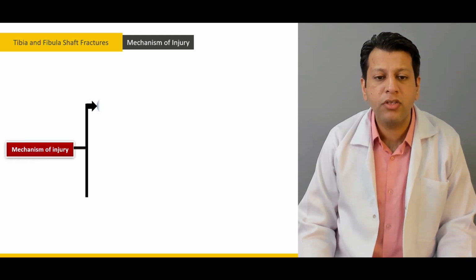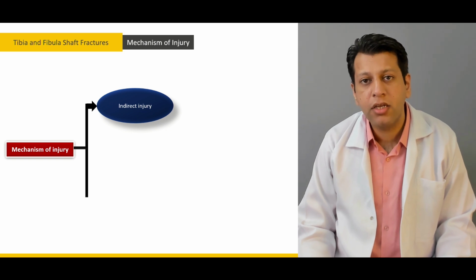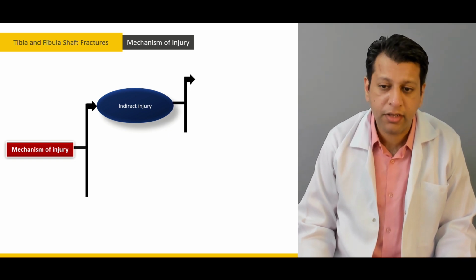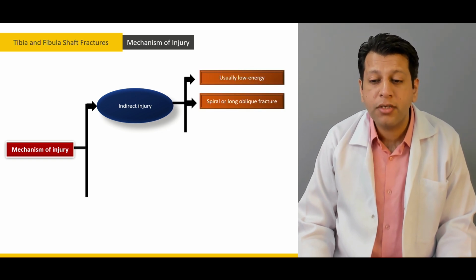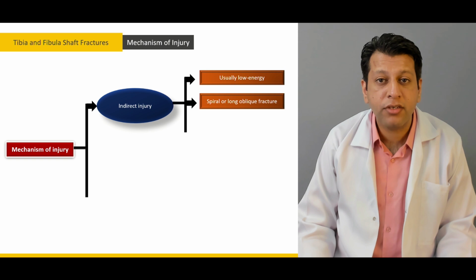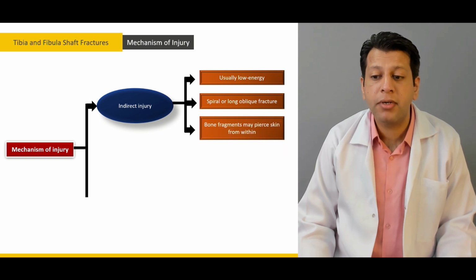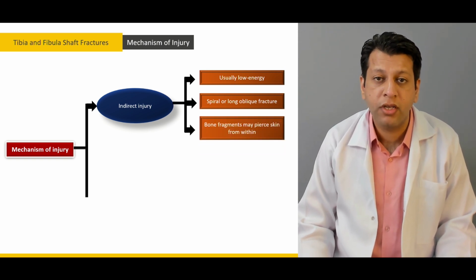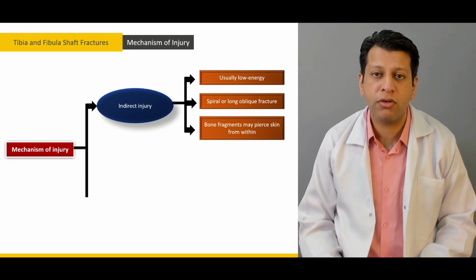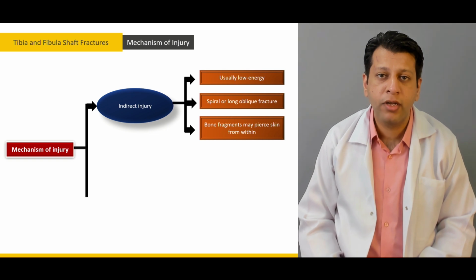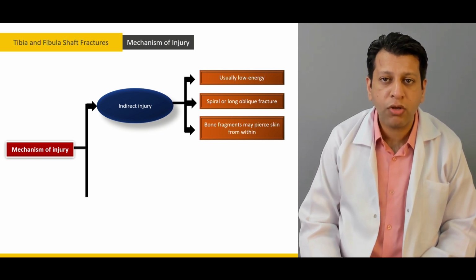Usually the mechanism of injury could be an indirect injury or a direct injury. Indirect injury usually includes low energy, spiral or long oblique fractures, where bone fragments may pierce the skin from within. As I told you, the most common mechanism is that the patient's foot was planted on the ground, was stuck and could not move, but the whole body was rotating over the leg.